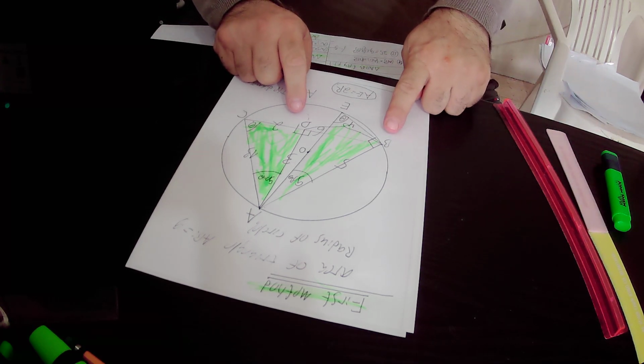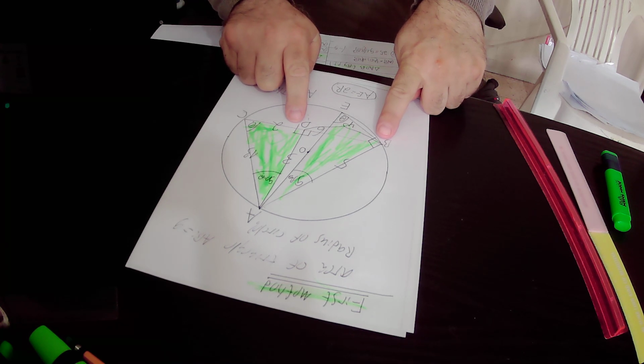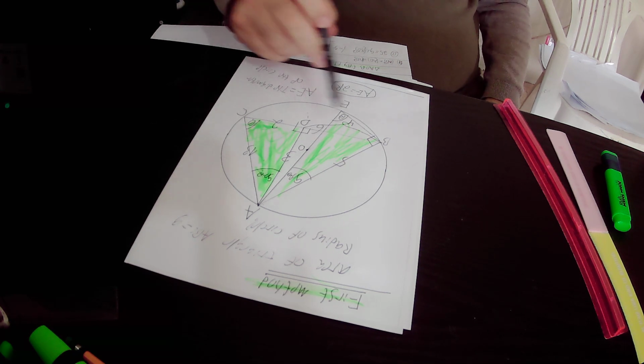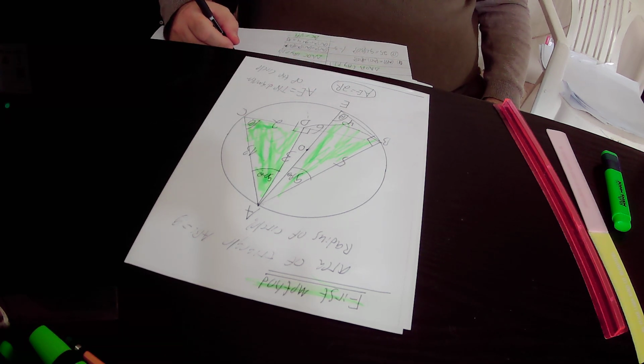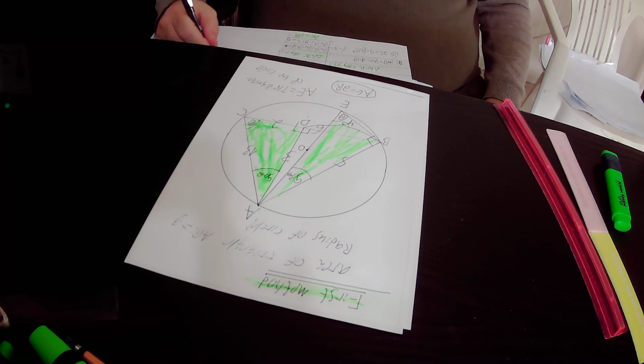First of all, those two angles are both equal to 90 degrees, therefore they are equal to each other. So angle ABE equals this angle, which is actually angle ADC, and they are both equal to 90 degrees.